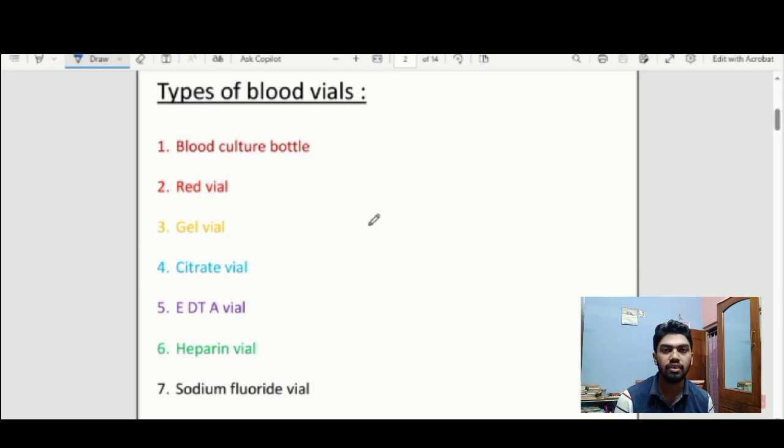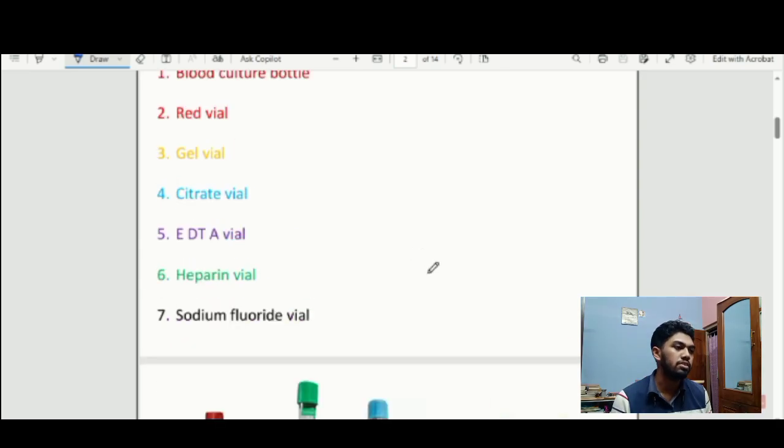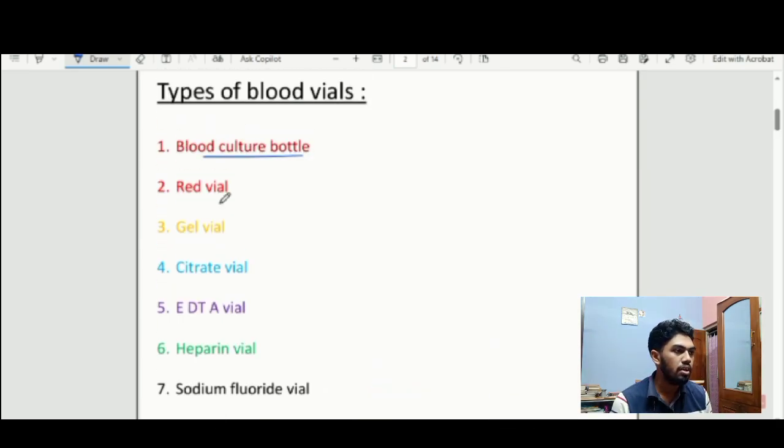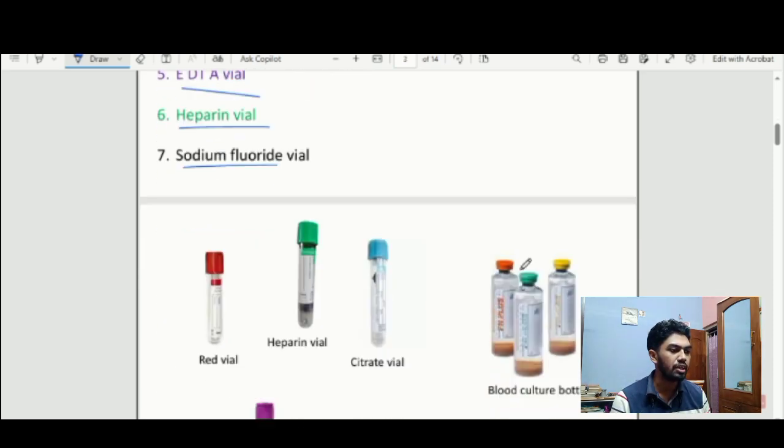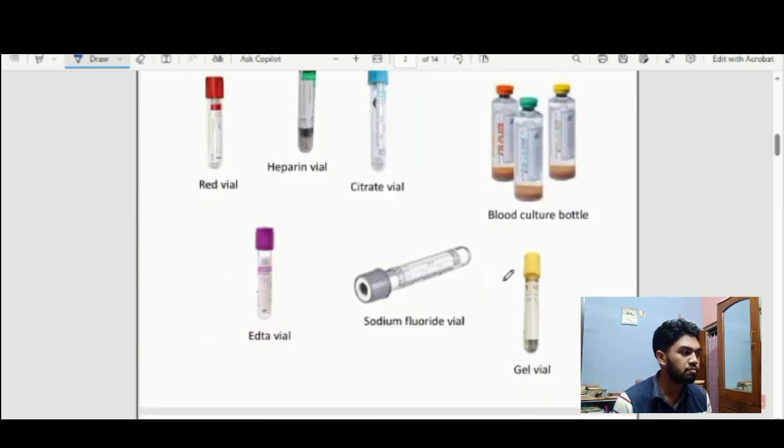You will get the lavender vial, that is the EDTA vial, the grey vial, that is the sodium chloride vial, the citrate vial, and there is a special type of gel vial that is used to separate the serum and the packed cell. So these are the types of blood vials: blood culture bottle, red vial, gel vial, citrate vial, EDTA vial, heparin vial, sodium chloride vial.